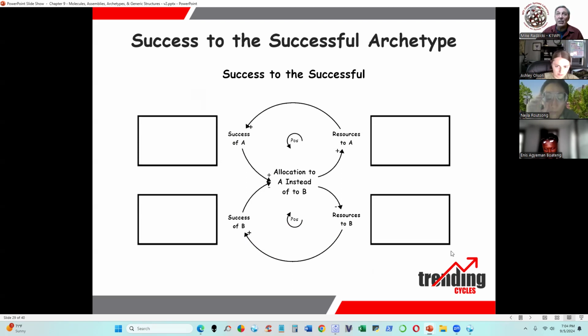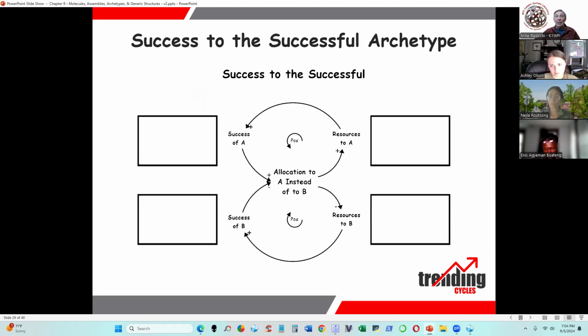I have these boxes here because when I made this slide, I thought, for an activity in class, I could have students fill in resources to A, that's a generic idea, resources to B. So there are two competing demands for a resource: people, money, time.